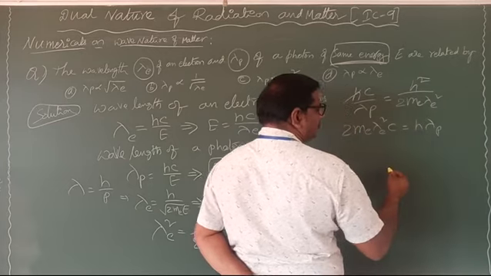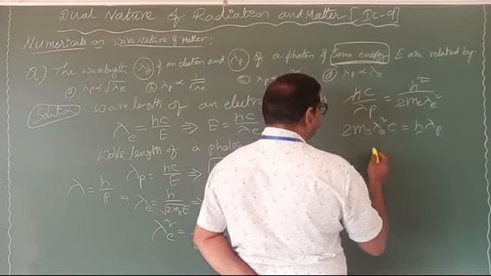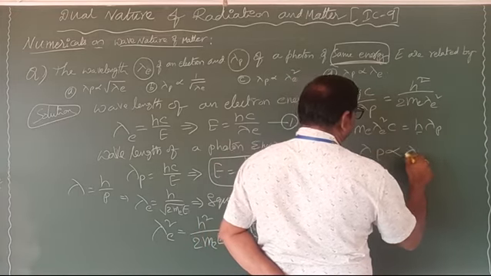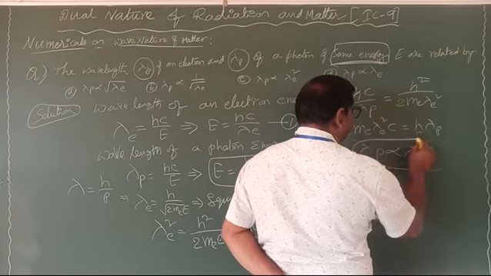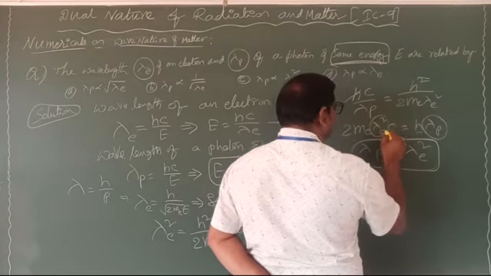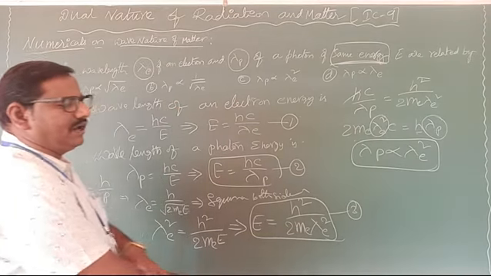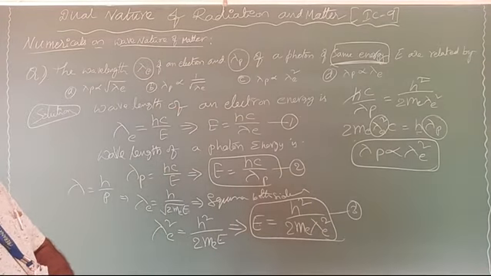If these are all constants, then the relation is lambda p directly proportional to lambda E square. Very simple equations.